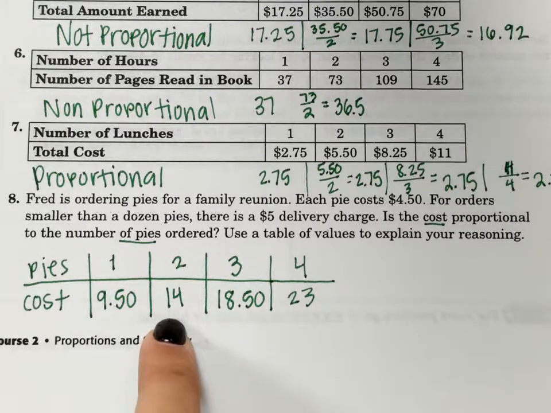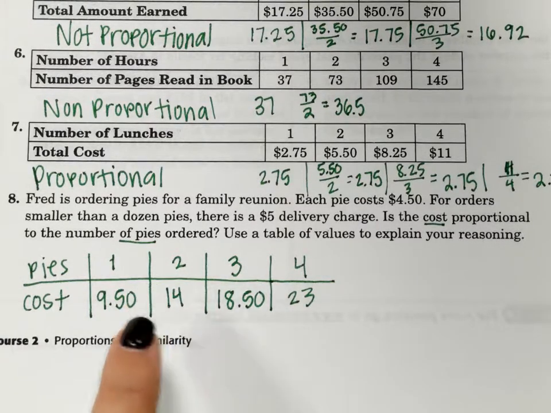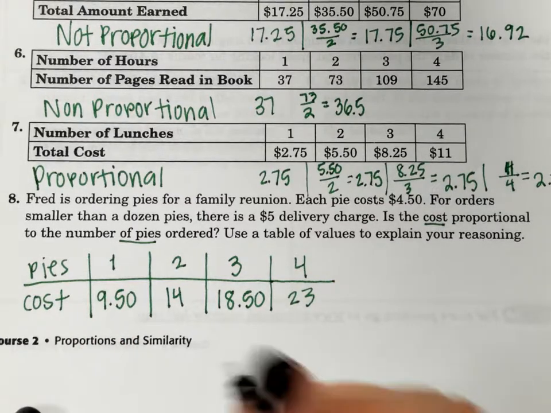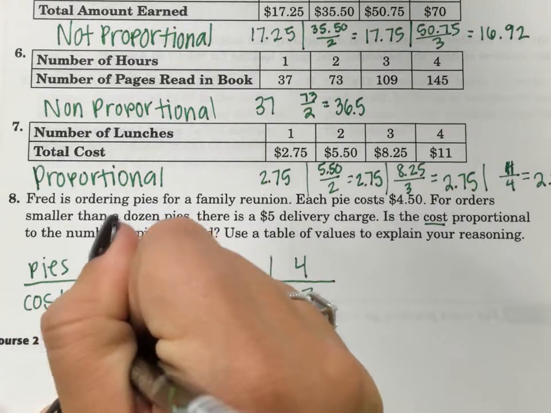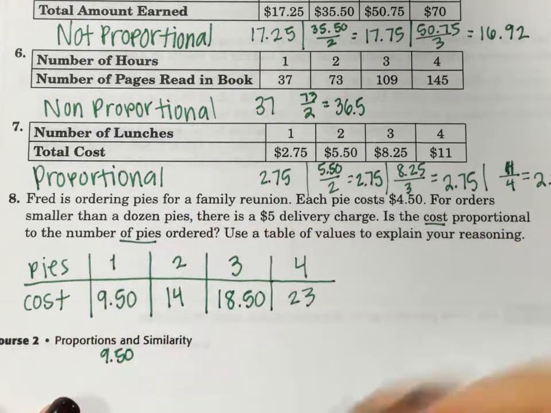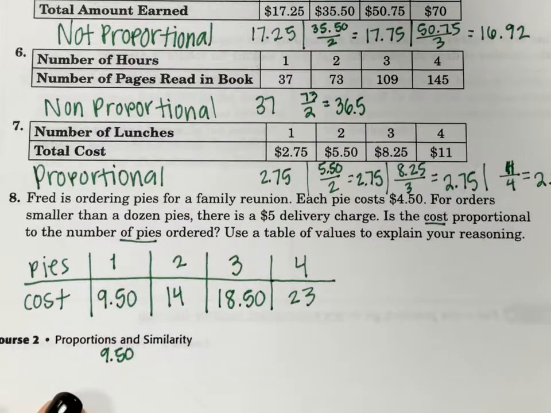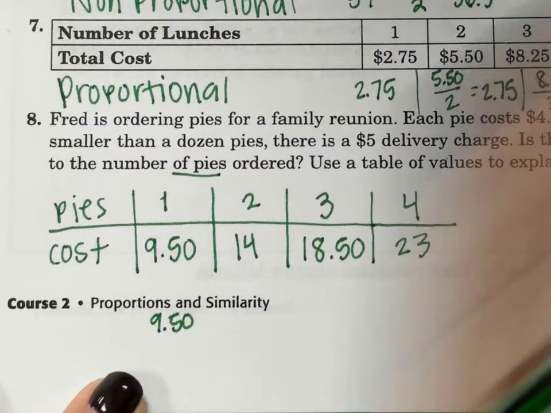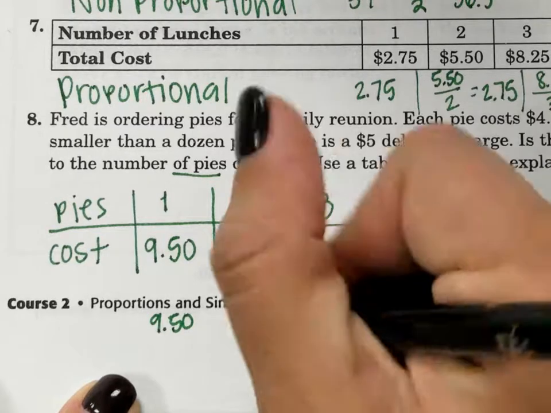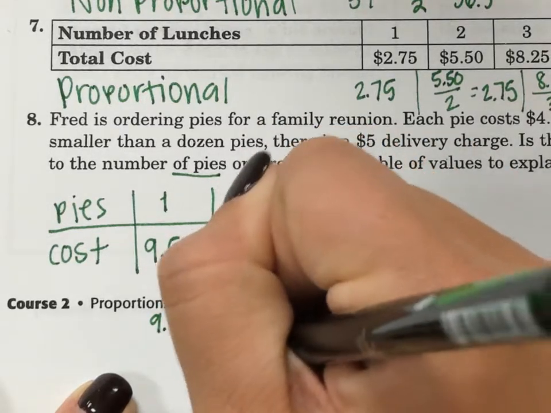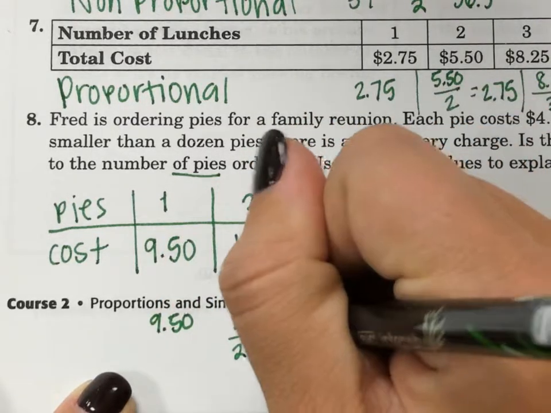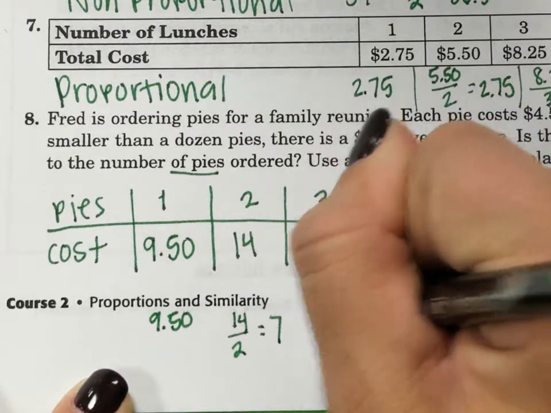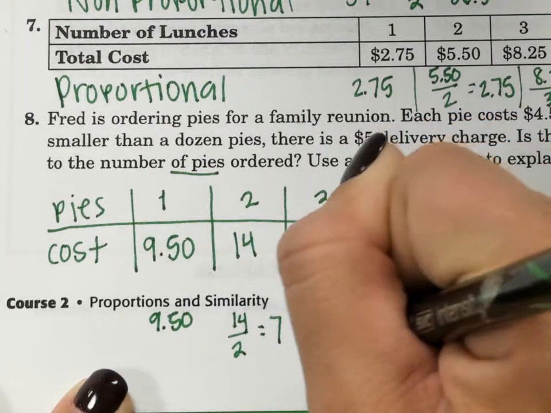We need to find out if it's proportional or not. So I've got to find my rates. So if I'm putting my bottom number on top, I have 9.50 over 1, which is just 9.50, right? So if I'm buying 2 pies, my rate for that is 14 over 2, which is 7. And then for my 3 pies, it's going to be 18.50 over 3.